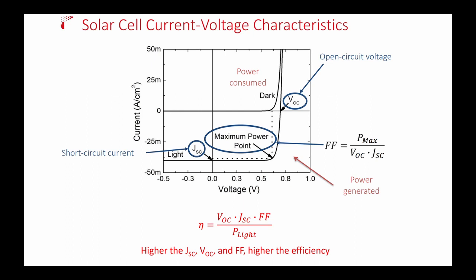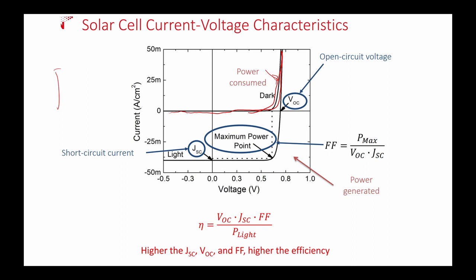Okay, so this was a PN junction. Currently we will talk about the silicon solar cell, the PN junction silicon solar cell only. This graph that you can see, which is dark, is the characteristics of the PN junction.